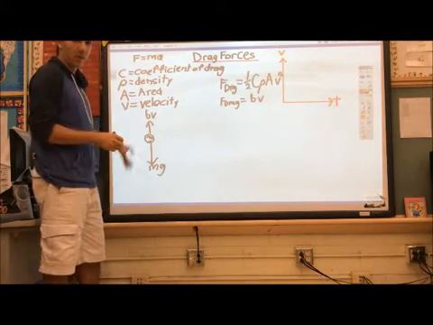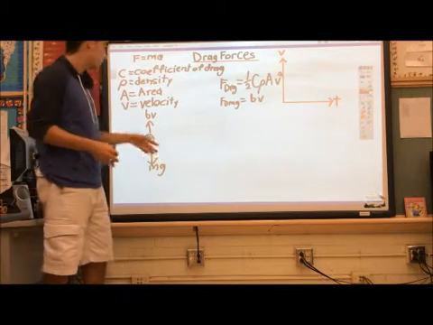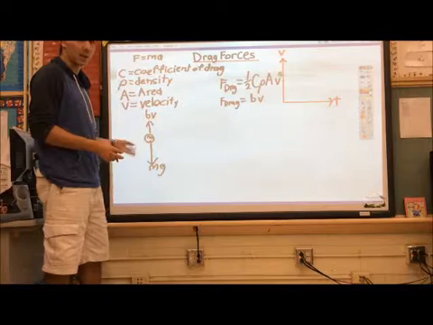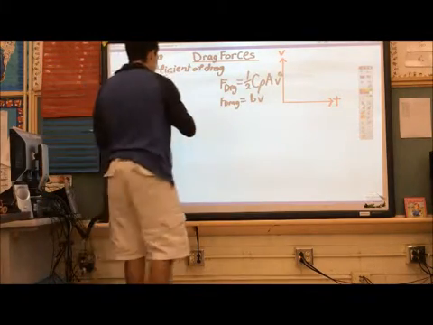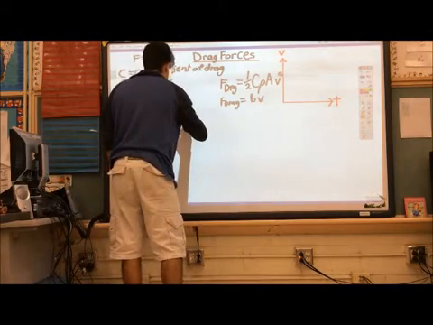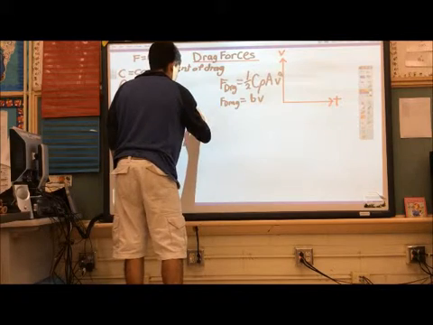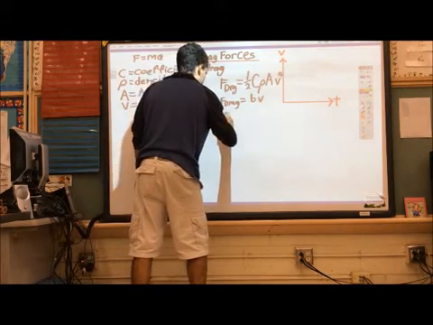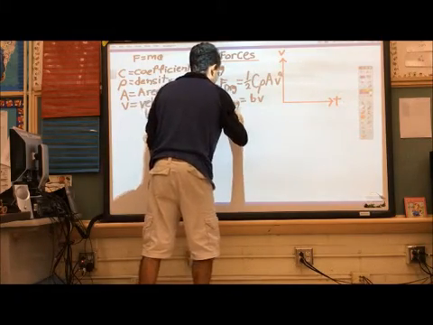So these are both of our forces, so if we want the net force on the object, we just have to subtract them since they're in opposite directions. So the net force is equal to mg minus bv.